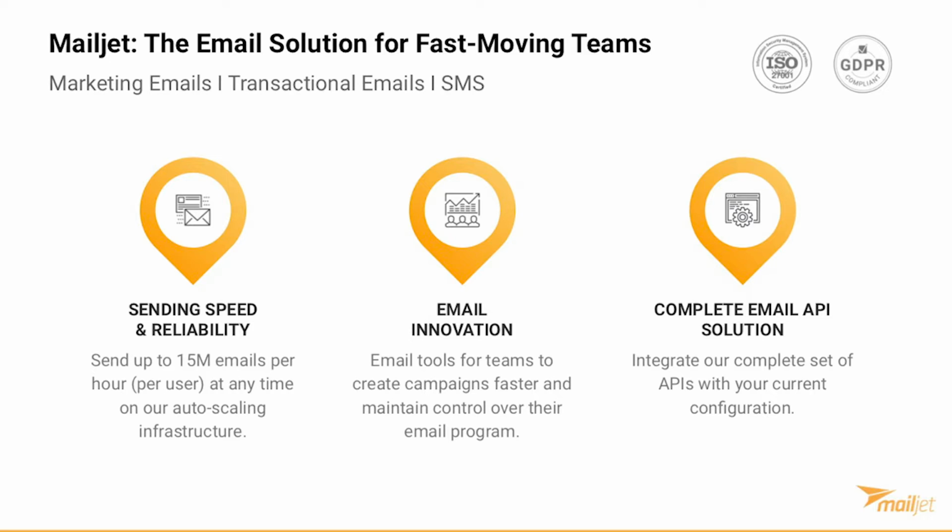The platform is really key for us regarding the sending speed, which is really important, especially on the transactional side. We also have a big marketing ecosystem on top of the platform, and we have a complete set of APIs. Let's say that all our architecture is reachable through the API.